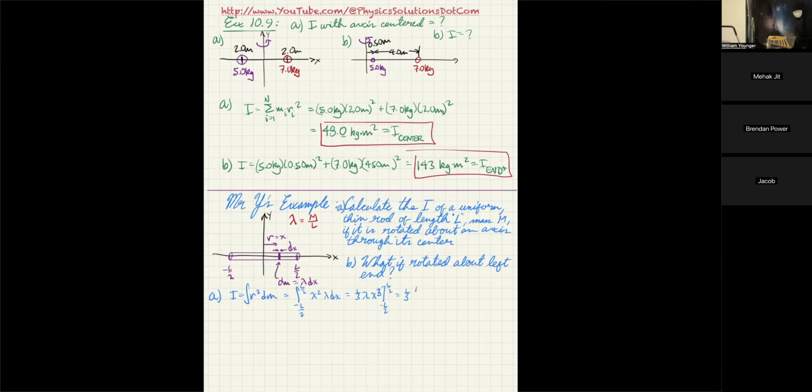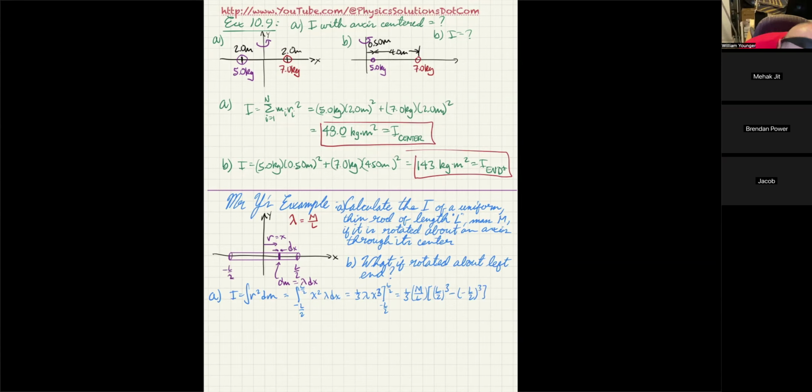Now, lambda I said was M over L, so I'm going to go ahead and put that in. And then now I've got to do L over 2 to the third power minus negative L over 2 raised to the third power.